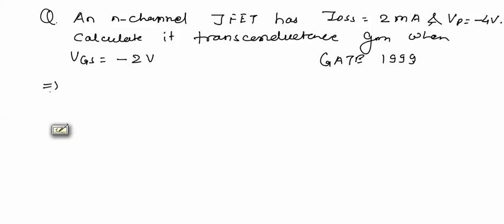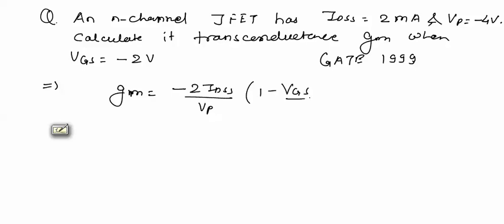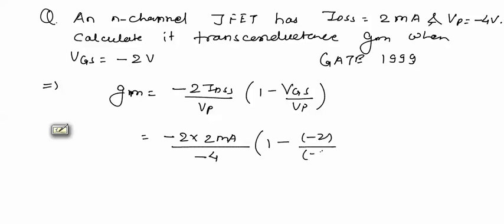We know that transconductance of JFET Gm is equal to -2 IDSS upon Vp into 1 minus VGS upon Vp. Putting all the values, we can get the transconductance of JFET as -2 into 2 milliamperes divided by -4 volt into 1 minus -2 by -4 volt.